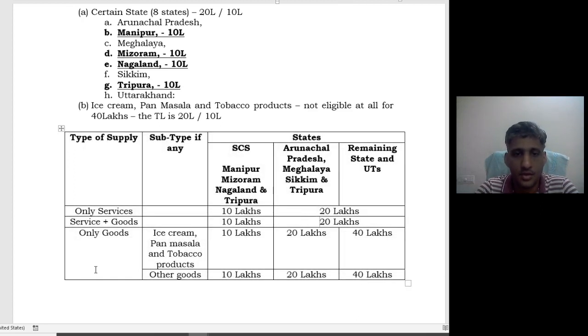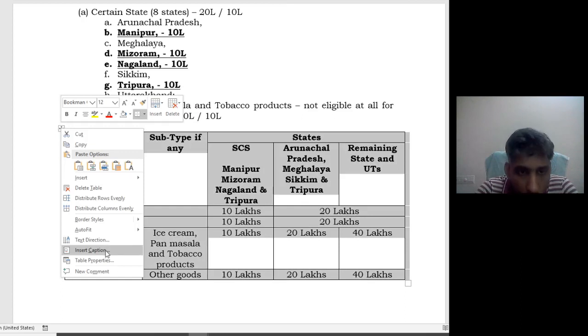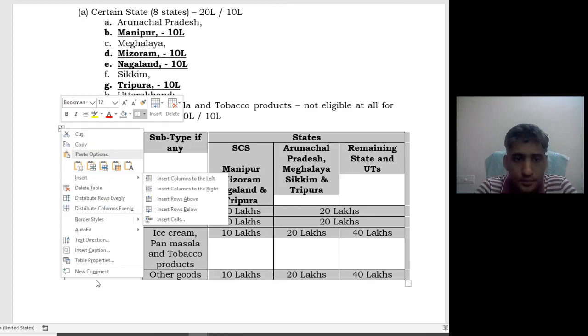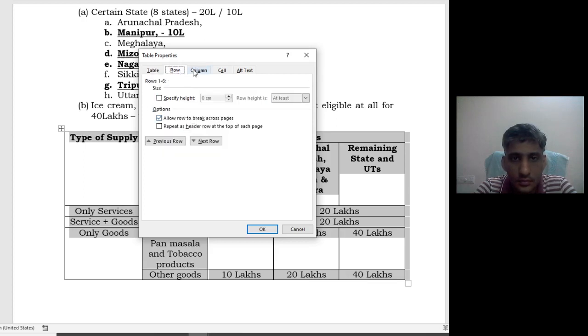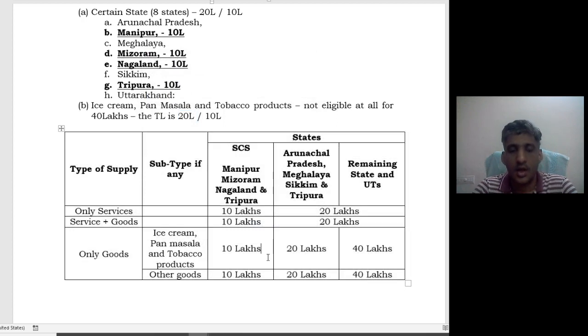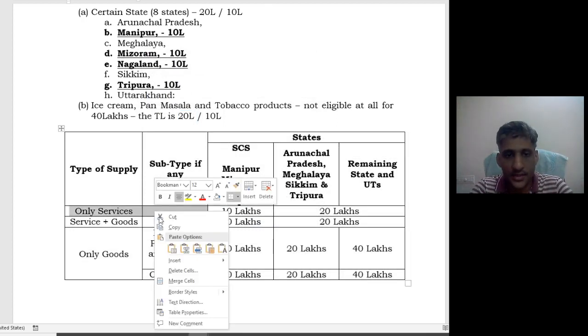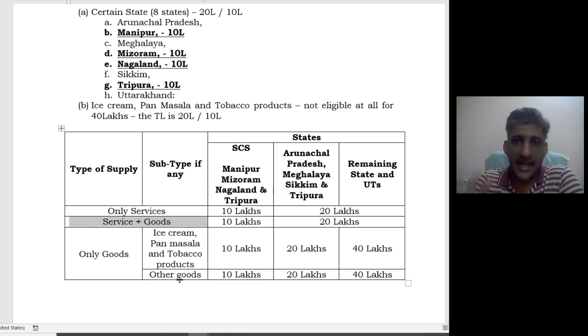Okay. So if it is only services or if it is service plus goods, then we don't have a confusion. If it is special category states, it is 10 lakhs.